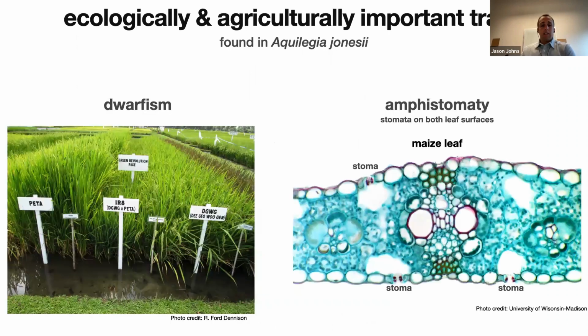And so there are many traits that make an alpine plant, but a couple of those that we see that are relatively ubiquitous, one of those is dwarfism. And as I mentioned, dwarfism has been selected in ag since the Green Revolution.